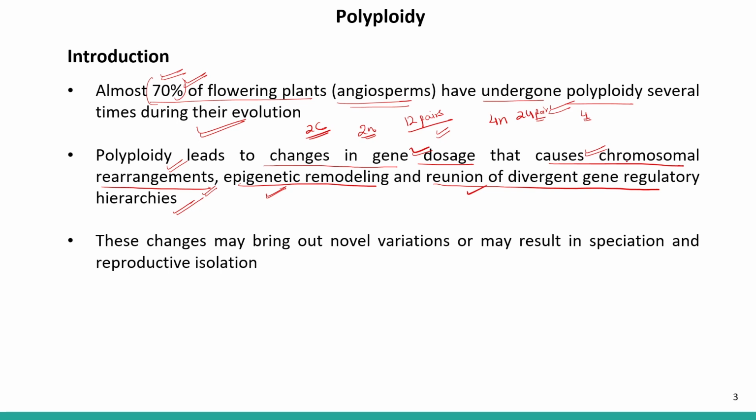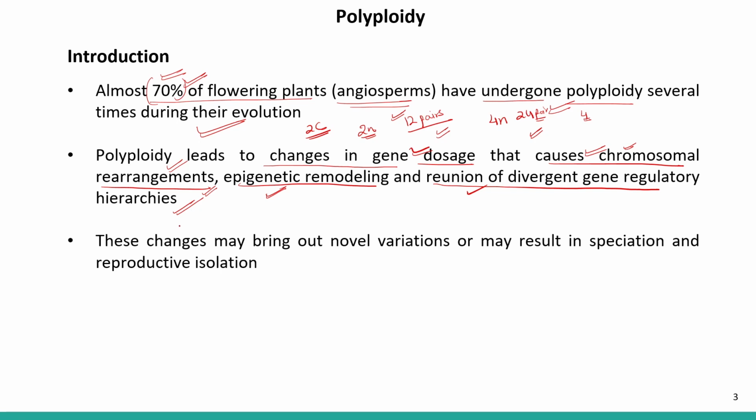Chromosomal rearrangement, because earlier it had just 12 pairs of chromosomes, but now it has 24 pairs. So the chromosomes have to arrange in the nucleus accordingly, right?